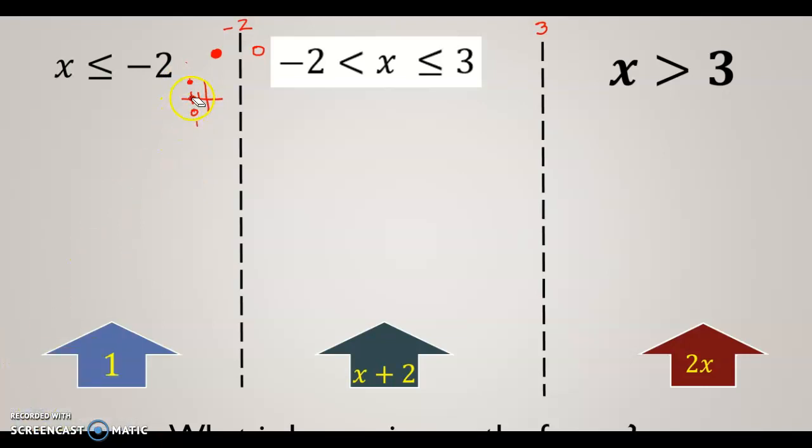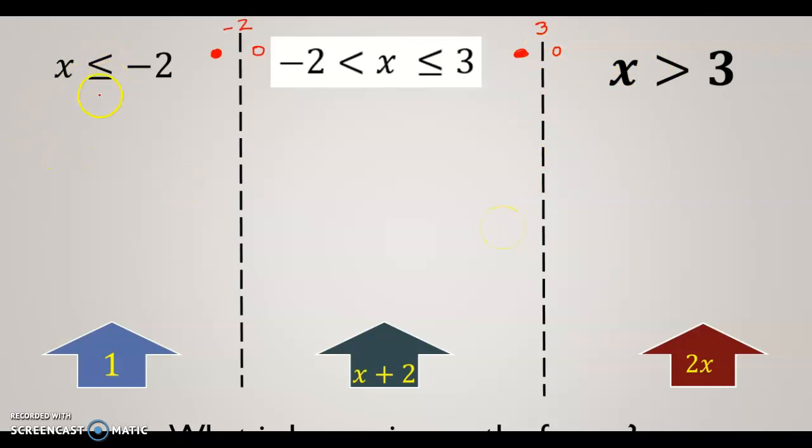So let's look at what we've got here. We've got the -2. This one owns the fence because it's got the equal sign. This one does not. It just uses the fence. This one over here has an equal sign, so it owns the fence to the right. This one is open, so it doesn't own it, just uses it.